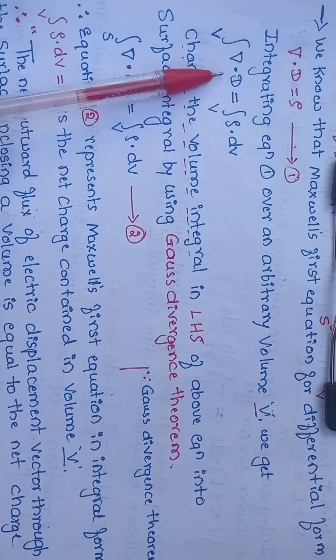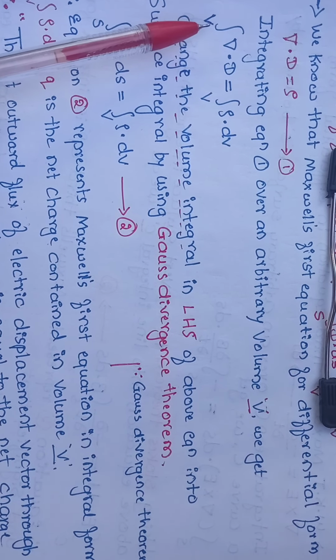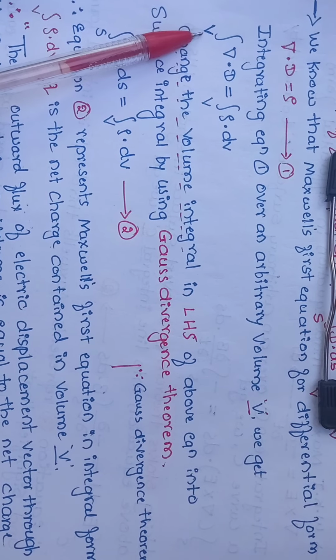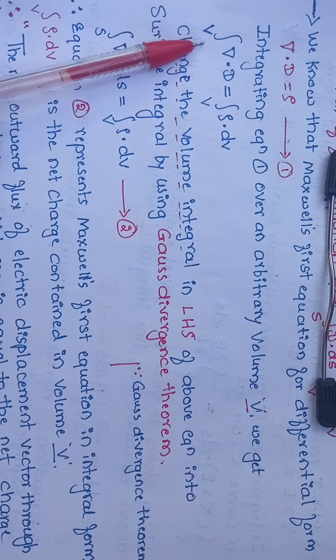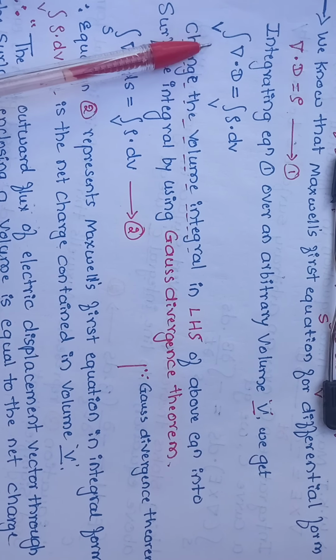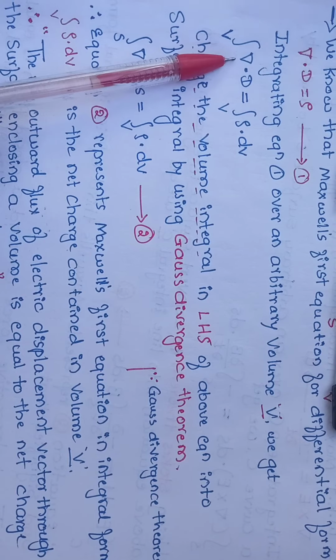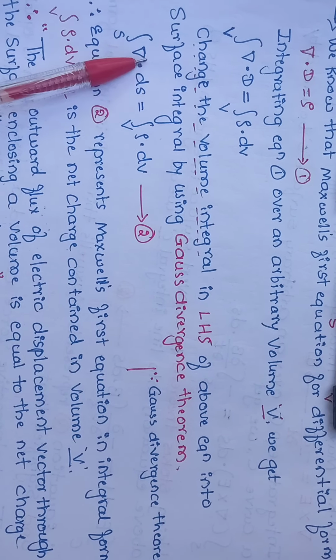On the LHS there is a volume integral. Now we have to convert this volume integral into a surface integral. How? By using the Gauss divergence theorem, you change the volume integral on the LHS into a surface integral.